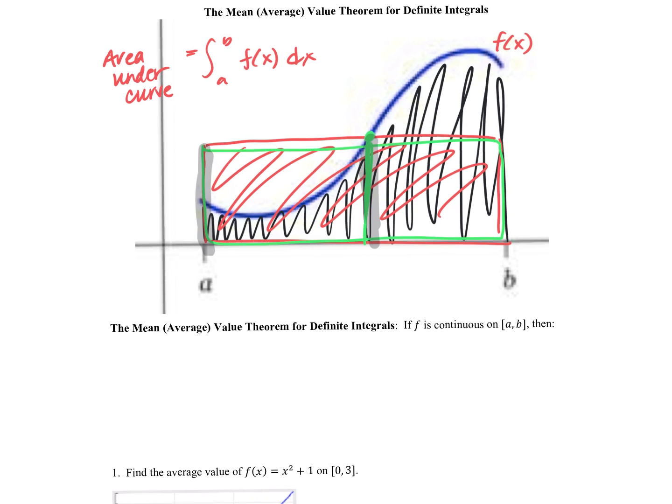And here's what I want you to think about. We know the area of a rectangle is what times what? What's the formula for area of a rectangle? Length times width or base times height. I'm going to go with base times height.